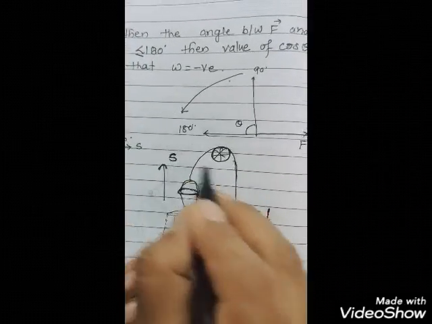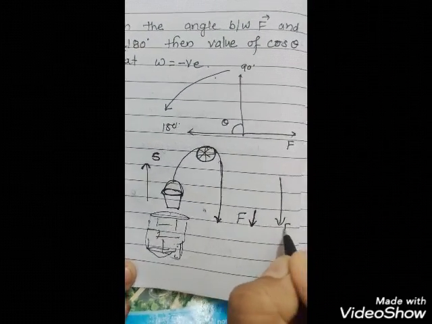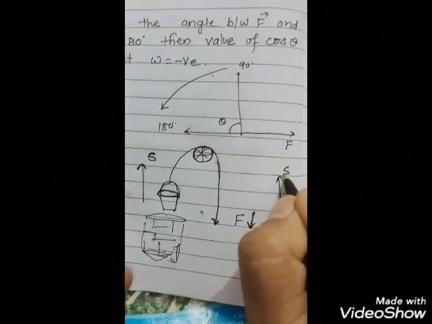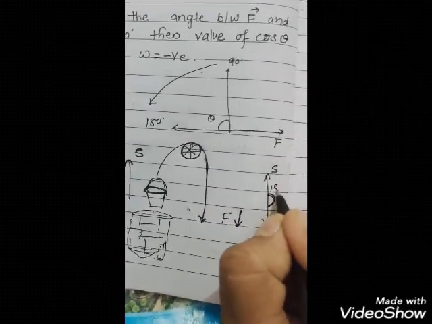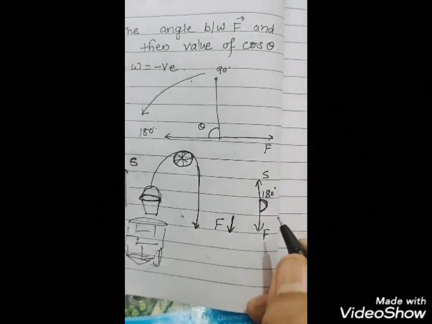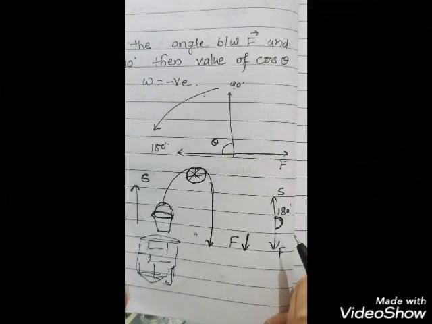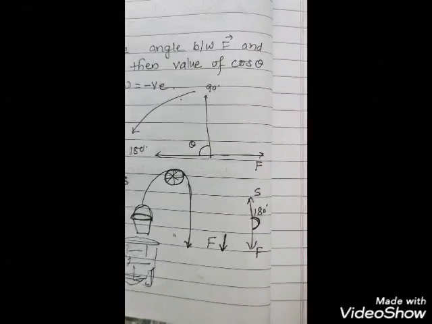So the force and the displacement make an angle of 180 degrees with each other, and cos 180 is -1, so the work done is also negative.